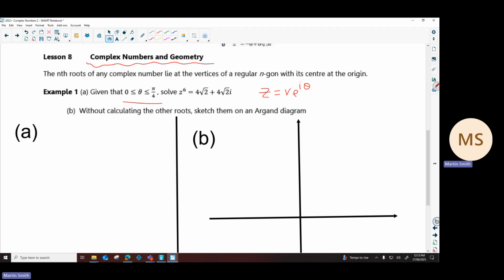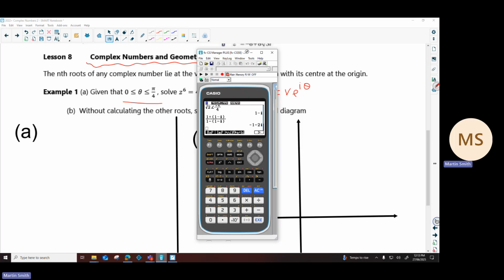So what I'm going to do is write the complex number on the right-hand side in exponential form by working out its modulus and its argument. I'm just going to get those using my calculator.